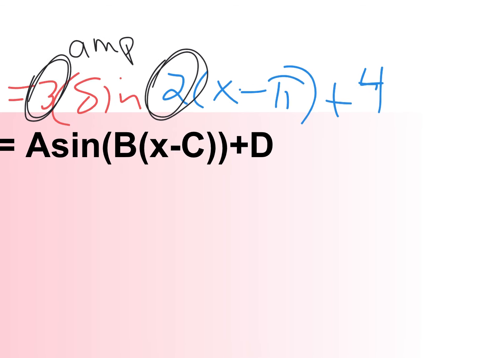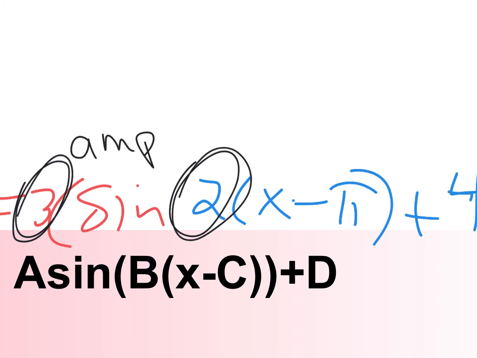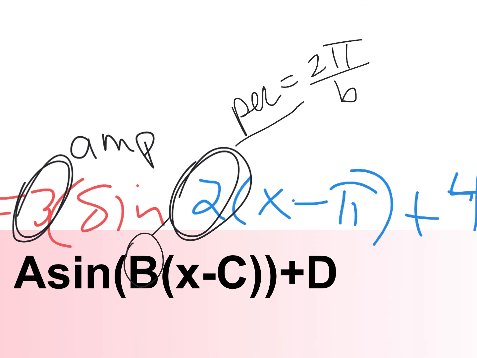But we have this little saying for B. The period is 2 pi divided by B. That's what's special about B. That the period will be 2 pi divided by that.